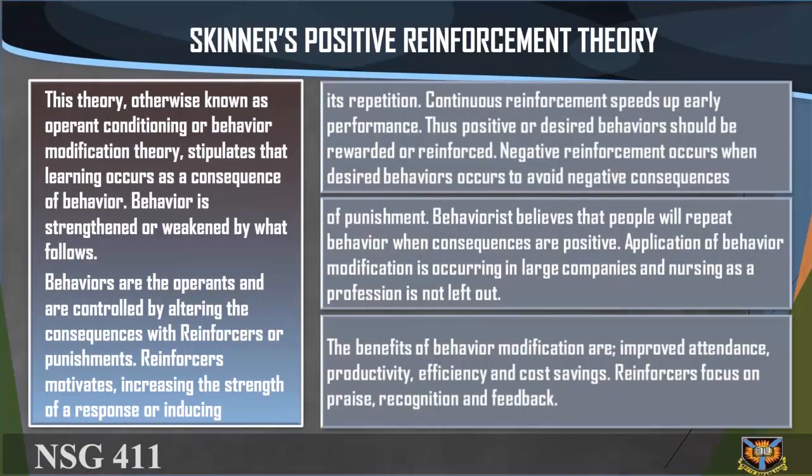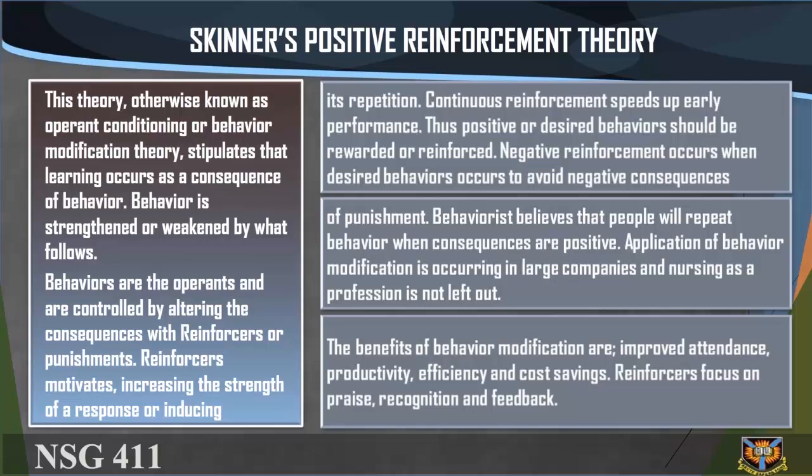Skinner's positive reinforcement theory. This theory, otherwise known as operant conditioning or behavior modification theory, stipulates that learning occurs as a consequence of behavior. Behavior is strengthened or weakened by what follows. Behaviors are the operant and are controlled by altering the consequences with reinforcers or punishment.